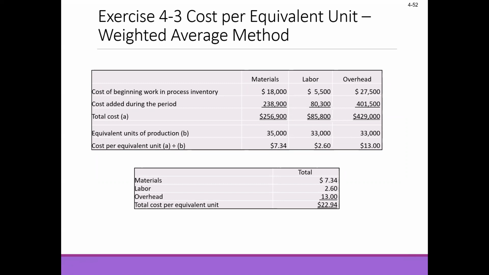We do the same thing with our labor and with our overhead. Labor's $2.60 per equivalent unit, overhead's $13. So our total cost per equivalent unit in this exercise is $22.94.